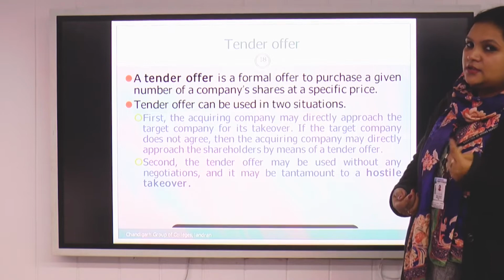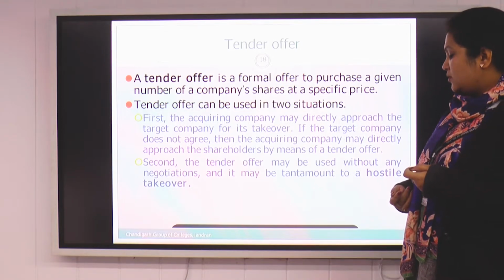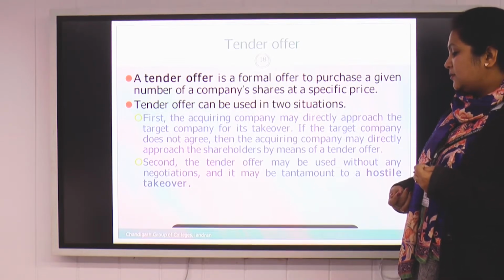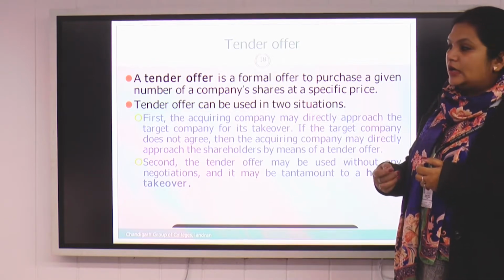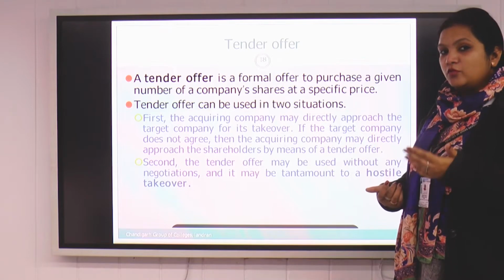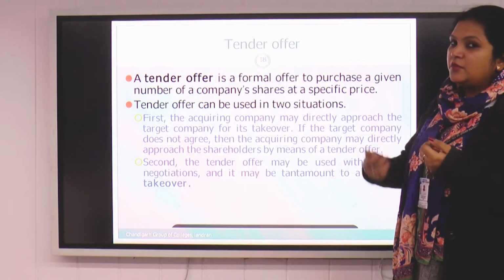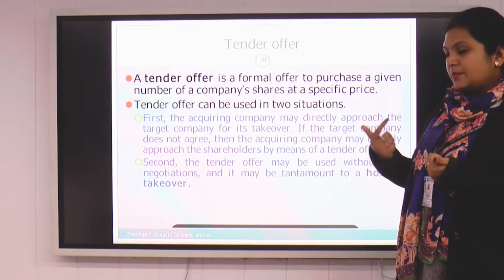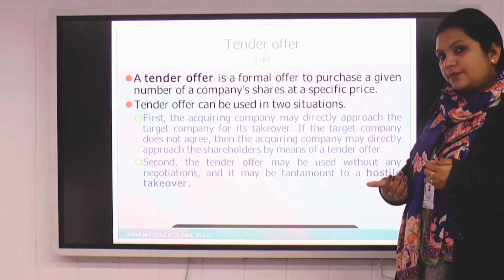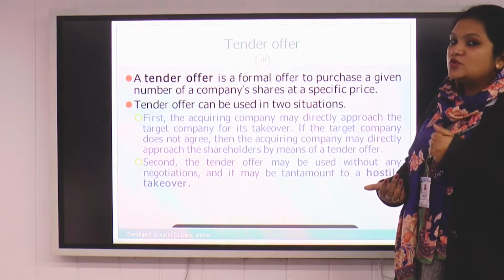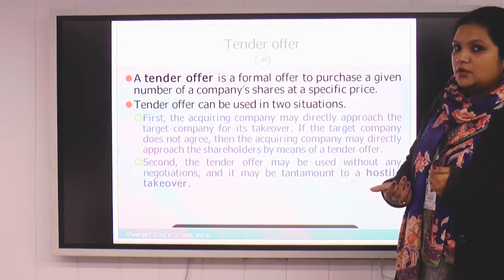Secondly, there is the other way around. The tender offer may be used without any negotiations and it may be tantamount to a hostile takeover. The process that was taken care of beforehand when company B approaches company A could be waived off in the second way, wherein it could be a hostile takeover.